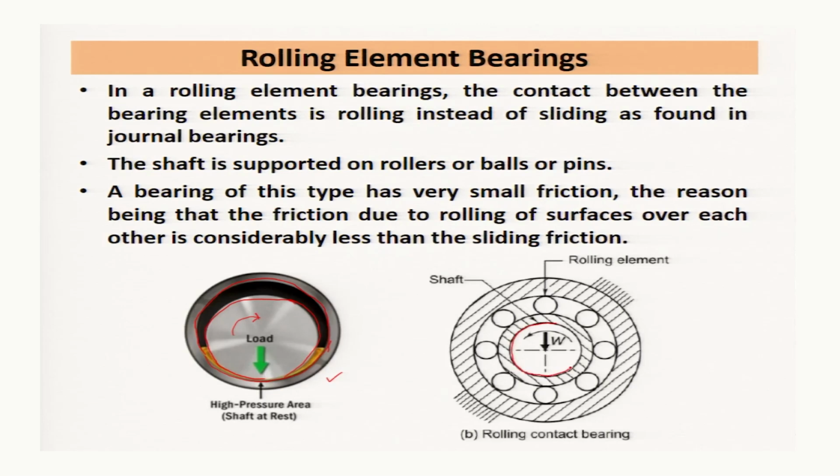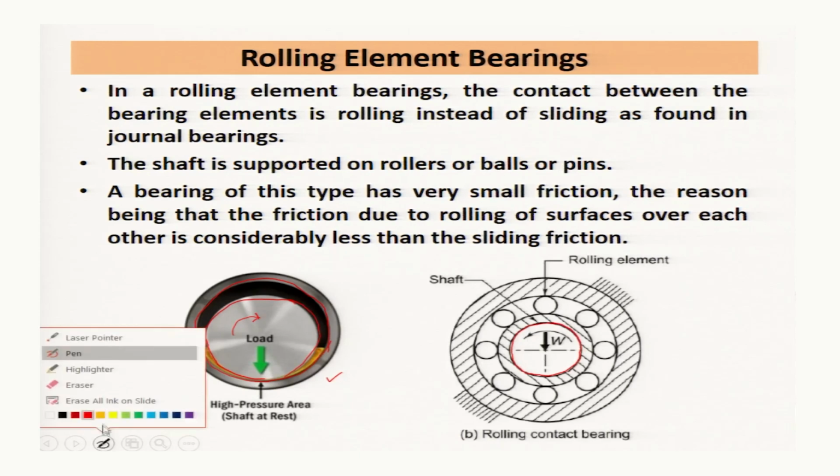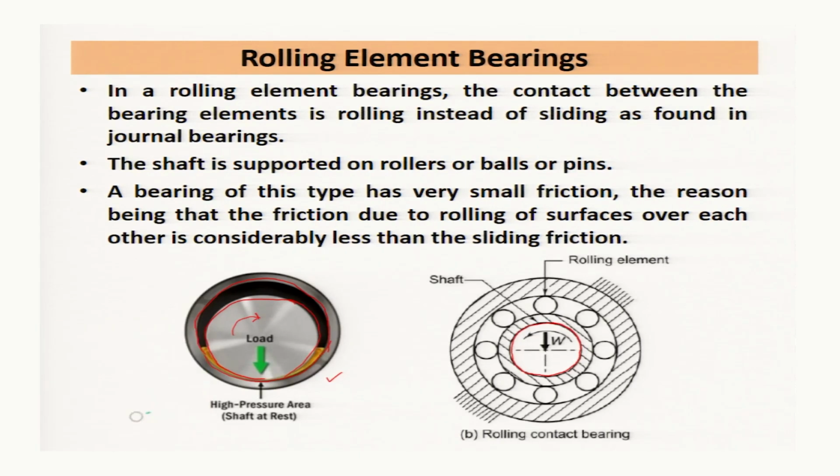This is the shaft, and the bearing is a rolling element bearing, in which you see there are these hatched parts, these two hatched parts, and accordingly it will have an inner race.